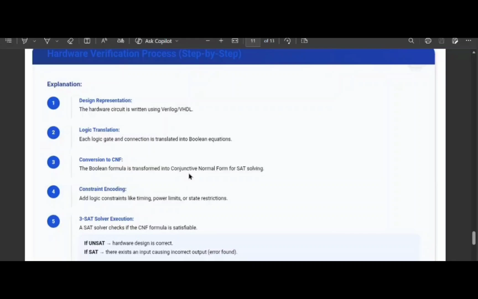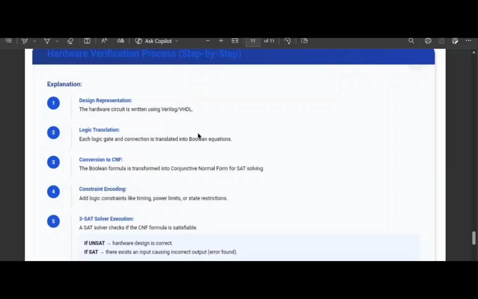Finally, the solver tells us UNSAT means correct, SAT means an error exists. This entire pipeline is how modern chip companies verify million-gate designs efficiently.